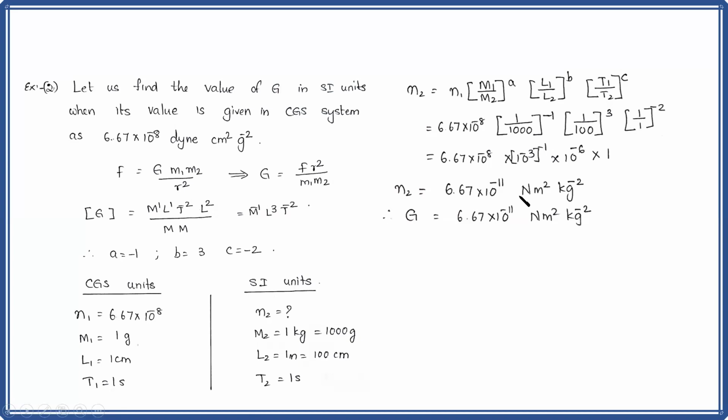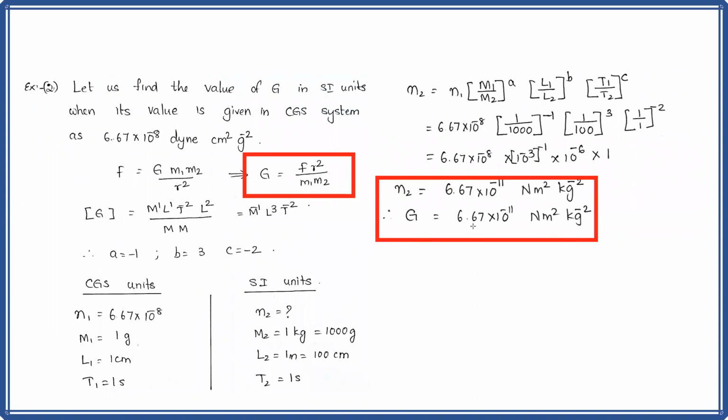In the SI system, Newton for force, meter square for length, and kg to the power of minus 2 for the mass, because we have seen here F r square by m1 m2. Therefore we are substituting them, and we are getting n2 like this. That means G in the SI system is 6.67 into 10 to the power of minus 11 Newton meter square kg to the power of minus 2.